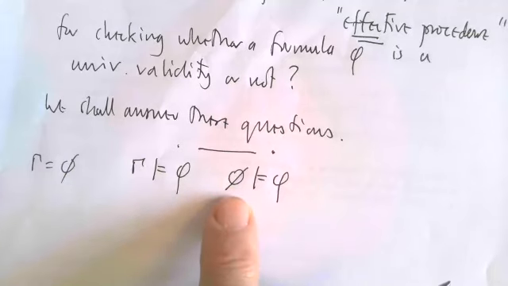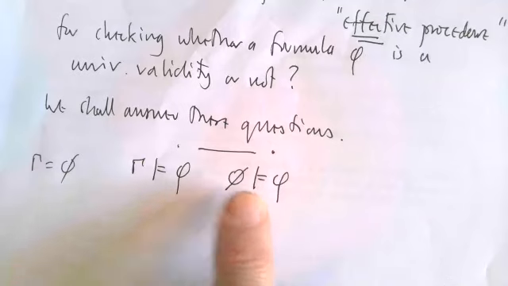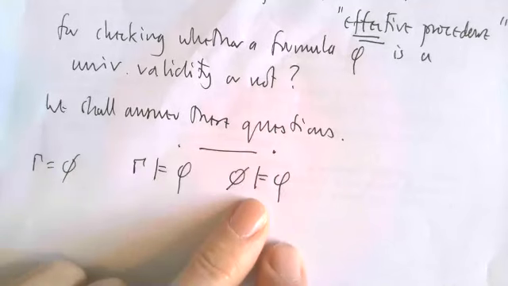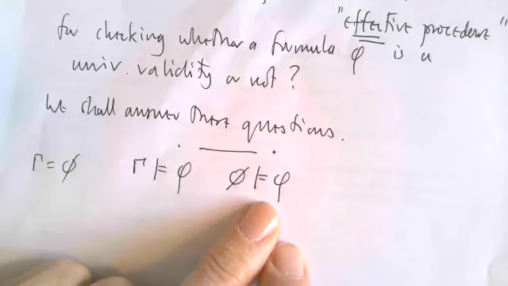But the left-hand side always happens because there's no condition there. There's nothing in the empty set to worry about. So it's almost as if there's nothing there. Right? It's just saying all structures and all valuations make phi true.